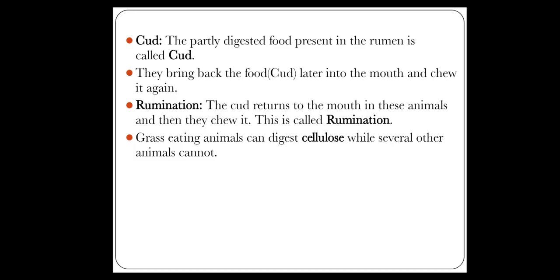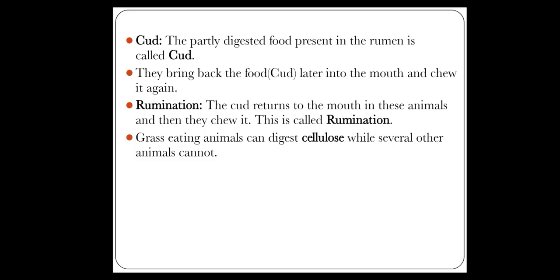The returning of cud to the mouth and then chewing it is known as rumination. So these animals are called ruminants. The process of returning of cud in the form of small lumps to the mouth for further chewing is known as rumination, and the part which helps in the partial digestion of the food is the rumen.